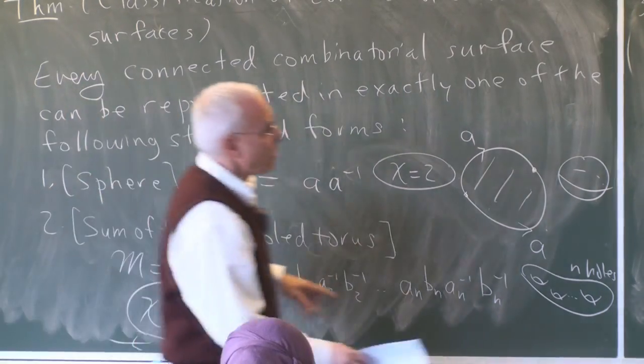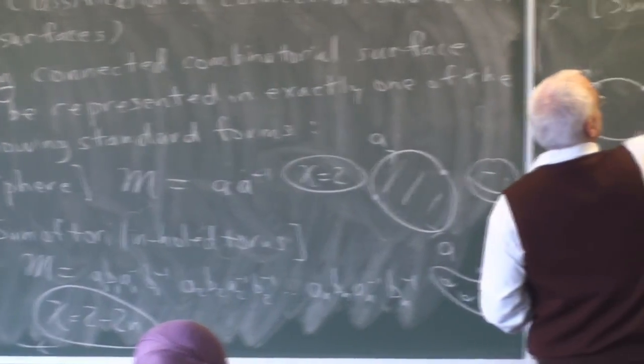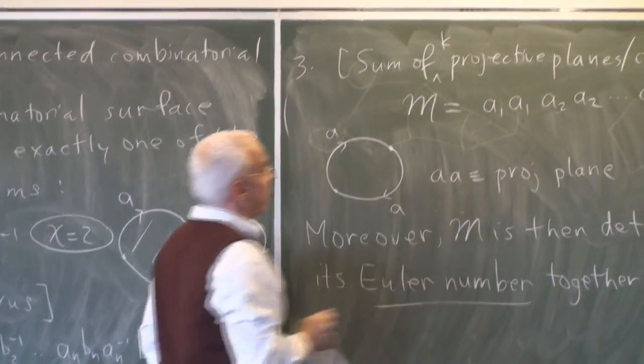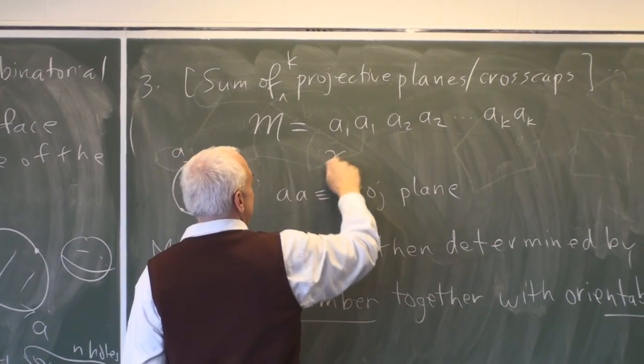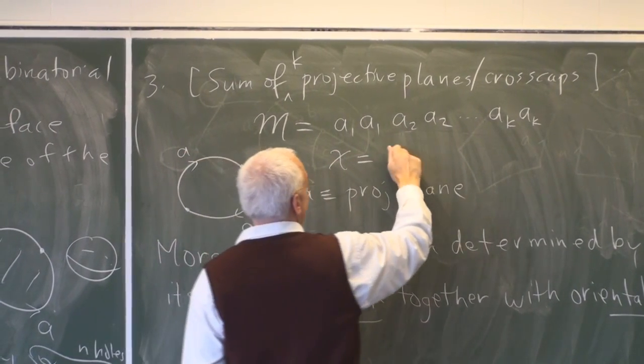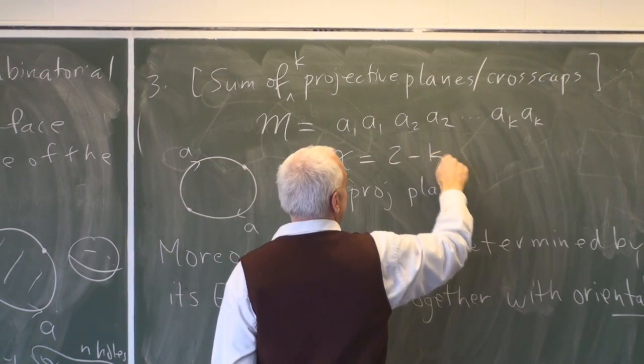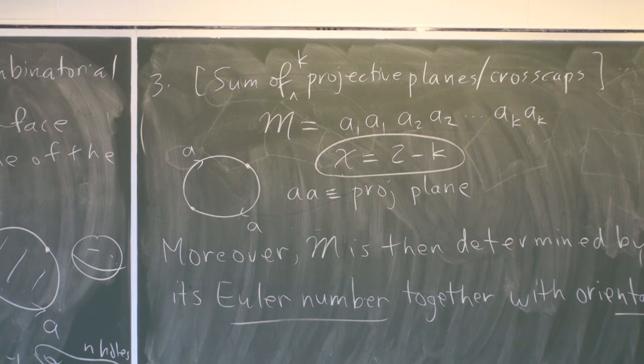And for the sum of k projective planes, or cross caps, the Euler characteristic is 2 minus k. Okay, so that's our main theorem. That theorem was probably stated first very clearly in this form around 1910, well, probably exactly 100 years ago, roughly, by Dehn and Heegaard.